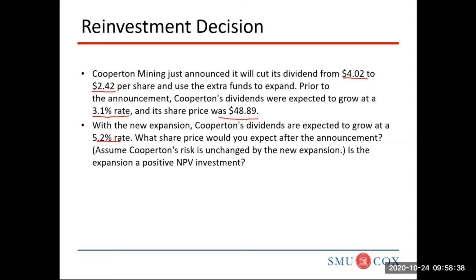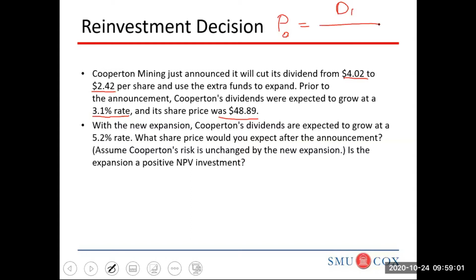So let me write down the formula just to remind you, and pay attention to the signs here. So price in period 0 is equal to dividend. Before we had it as cash flow, but now it's dividend in the first period.